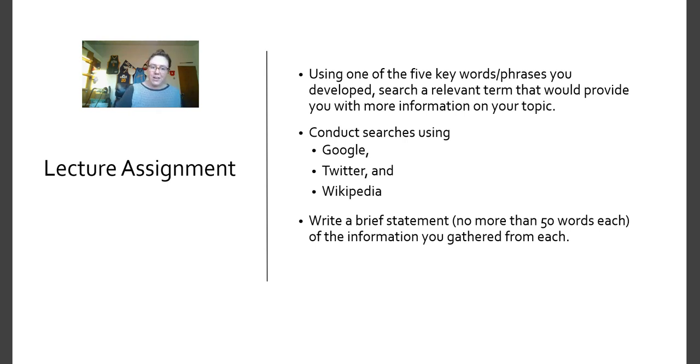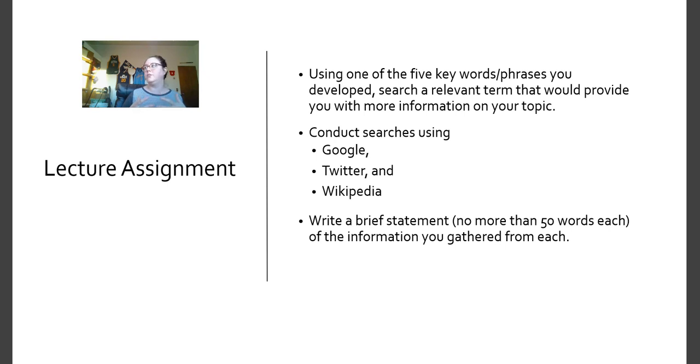So, what did you find on Google? Was it more government reports that were presented right out the gate? Did you notice that you were getting more things from mainstream media? Did you get more blogs? Or what kind of content was coming up? And what sort of information were you presented with that might lead to a better understanding of your topic? Twitter, what are those conversations looking like?